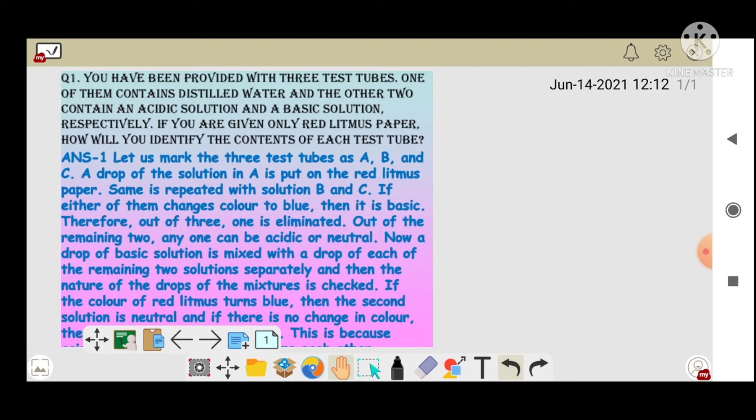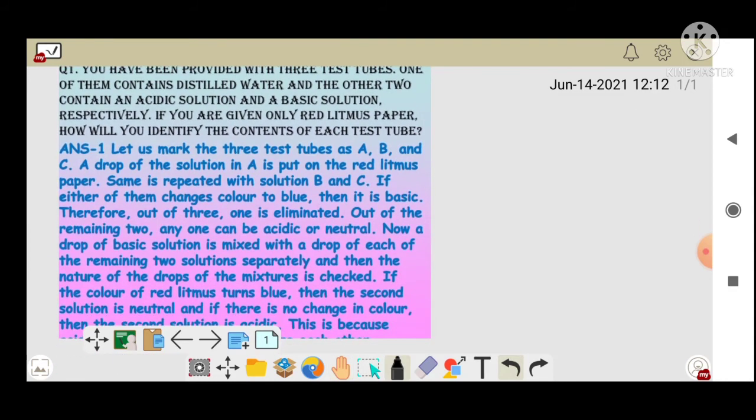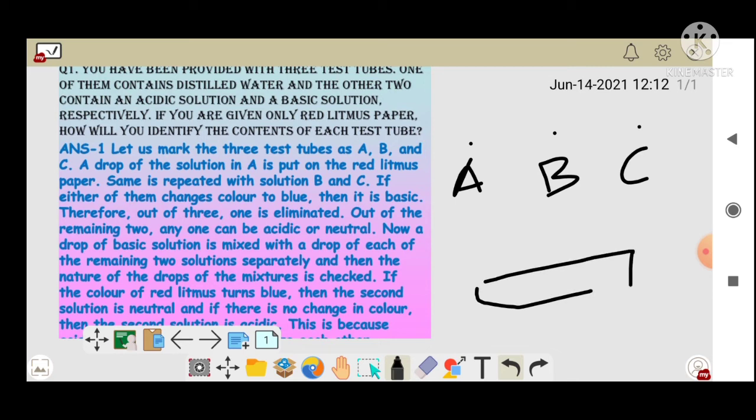Suppose 3 test tubes are there: A, B and C. Each drop of solution is put separately on the red litmus paper.